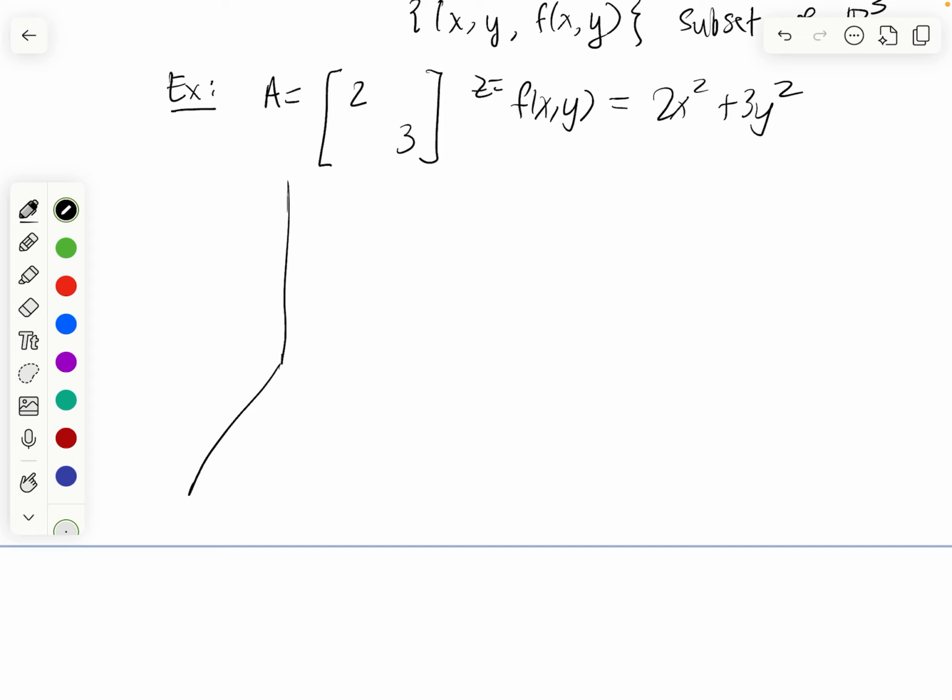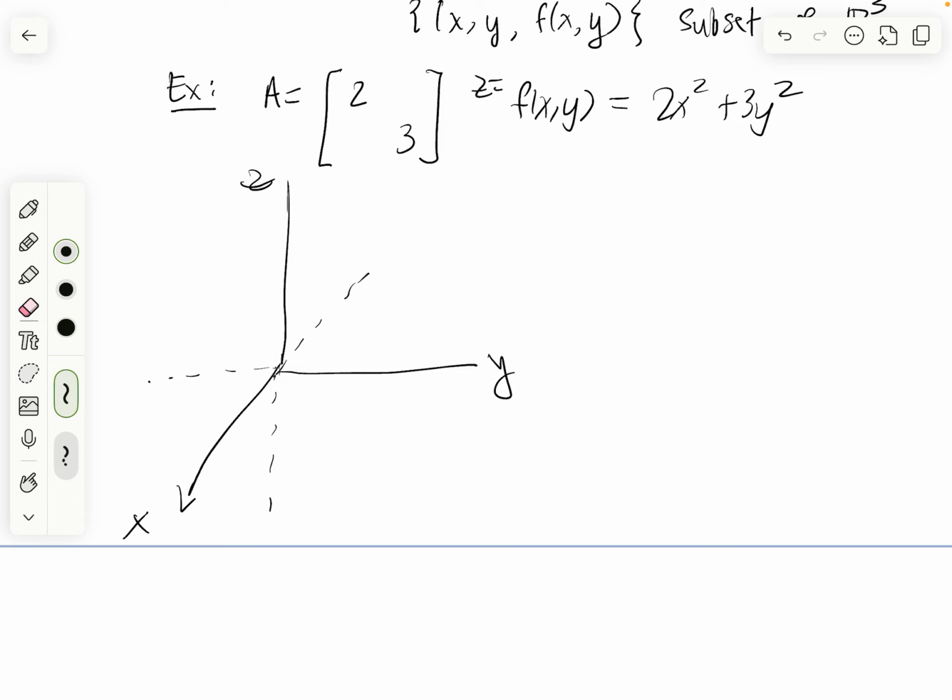Well, you're going to have something like this. Here's the x-axis, y-axis, and z-axis. And one way to get a handle on this function is to look at cross-sections.